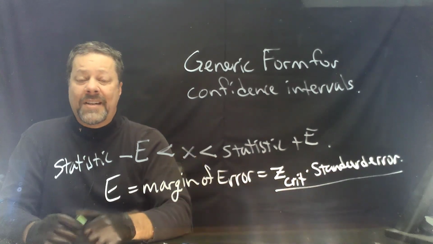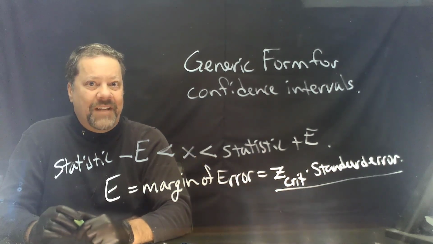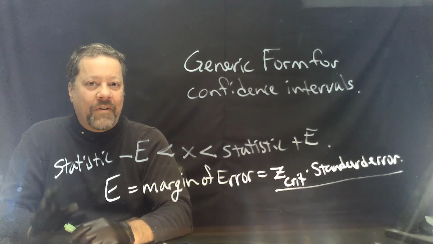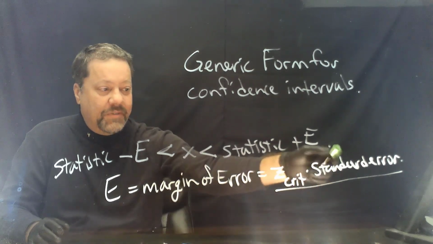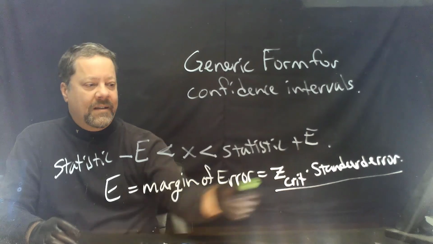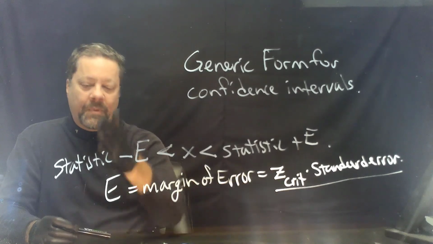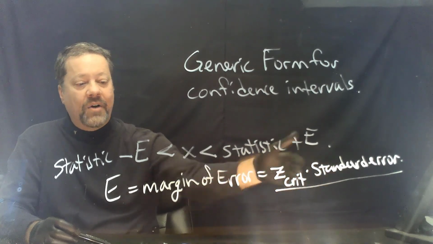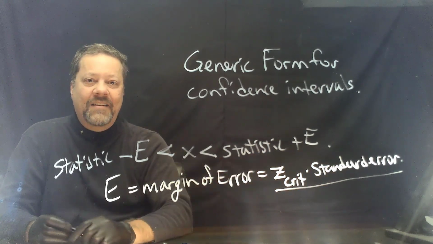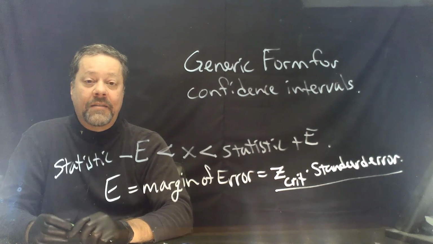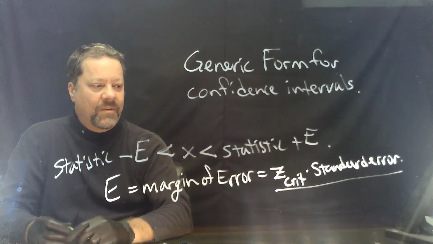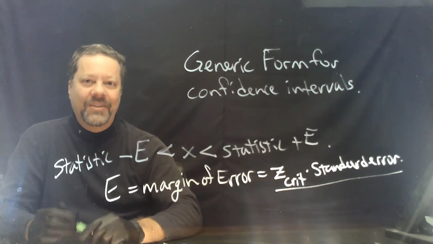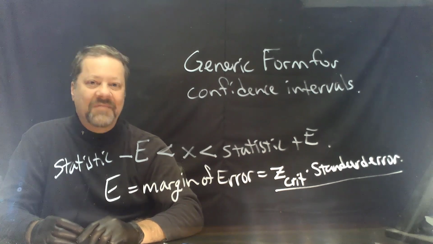An example of a standard error would be a standard deviation. So we've already seen things that could substitute for a standard error. The critical z-score will represent a certain number of standard errors that you can go in order to attain the necessary confidence. We'll choose the critical z to attain the confidence that we need.